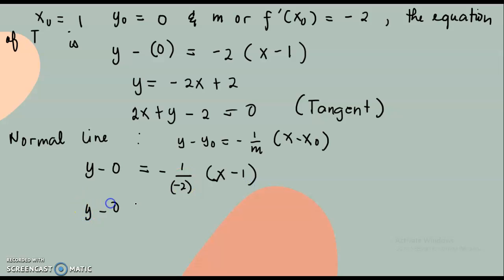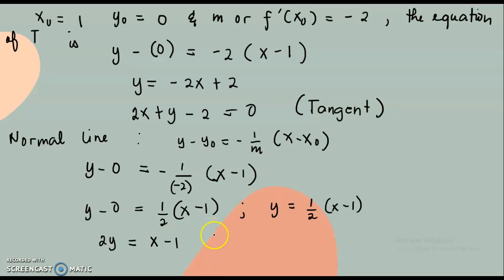Therefore, 2y equals x minus 1, or x minus 2y minus 1 is equal to 0.